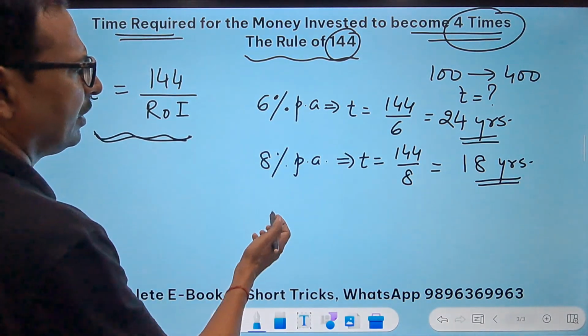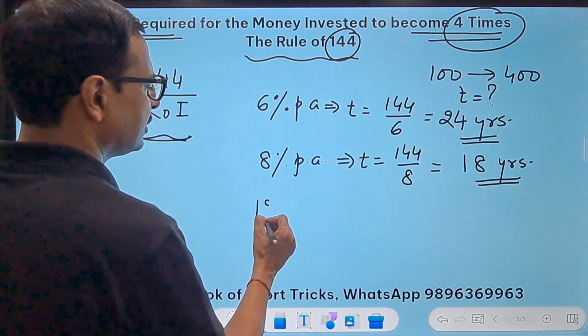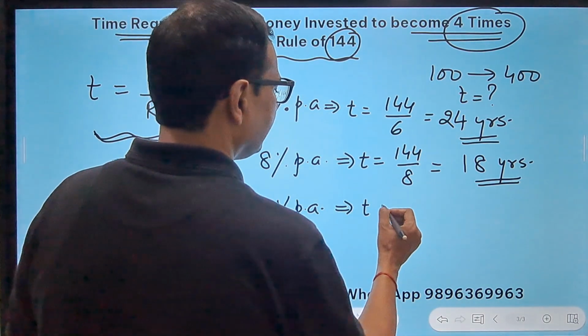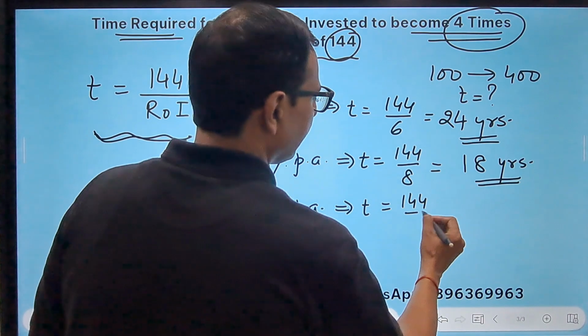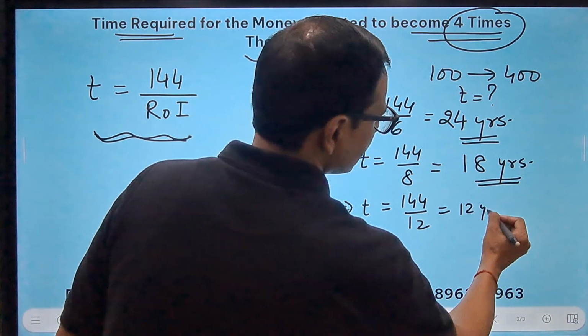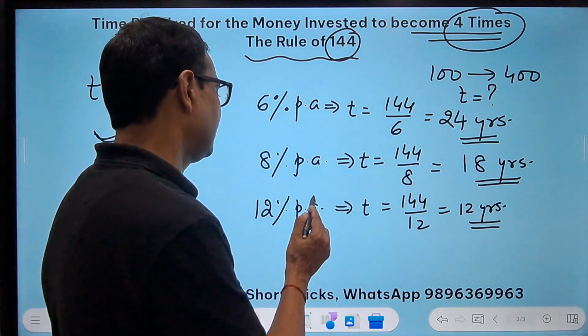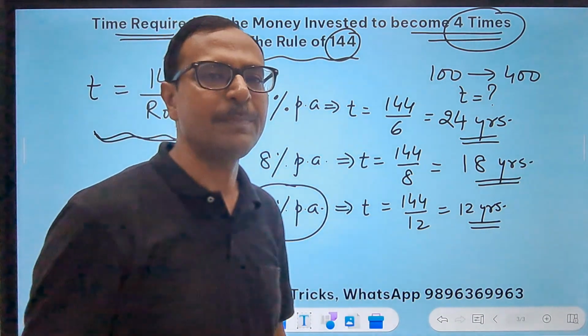And finally, let me take, say, 12% per annum. 12% per annum will give you a time of 144 upon 12, which is 12 years. So in 12 years, 100 rupees will become 400 rupees when the rate of interest is 12% per annum.